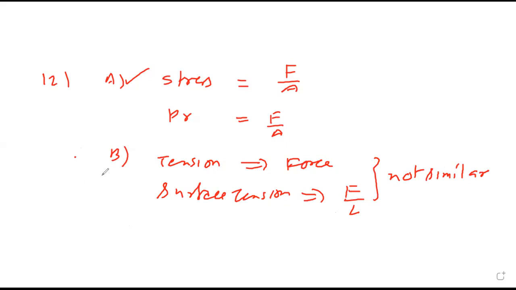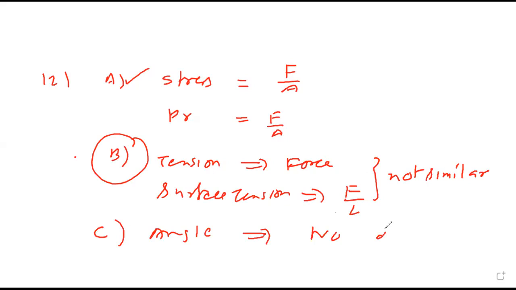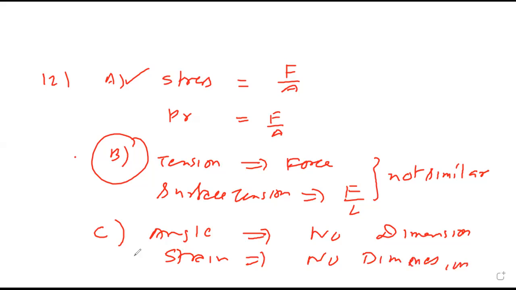Let us check C. Angle has no dimension. Strain also has no dimension. That means they are similar. Let us check D now, whether it is similar or not. Planck's constant and angular momentum, I already explained they are similar.